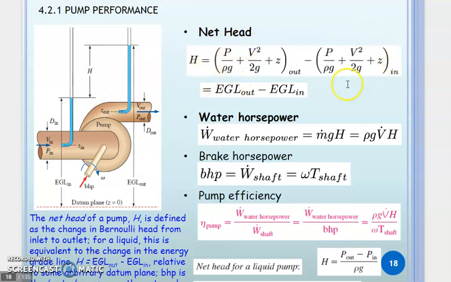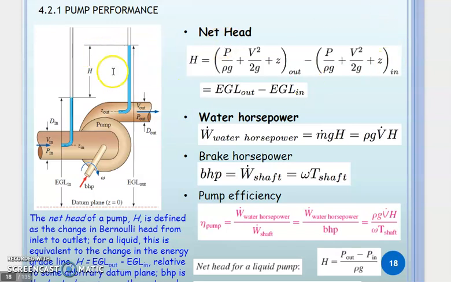So this is the equation: head equals P divided by rho G plus V squared divided by 2G plus Z for out, minus P divided by rho G plus V squared divided by 2G plus Z for inlet. So we use the energy grade line out and the energy grade line inlet. The normal term in pump analysis is energy grade line.